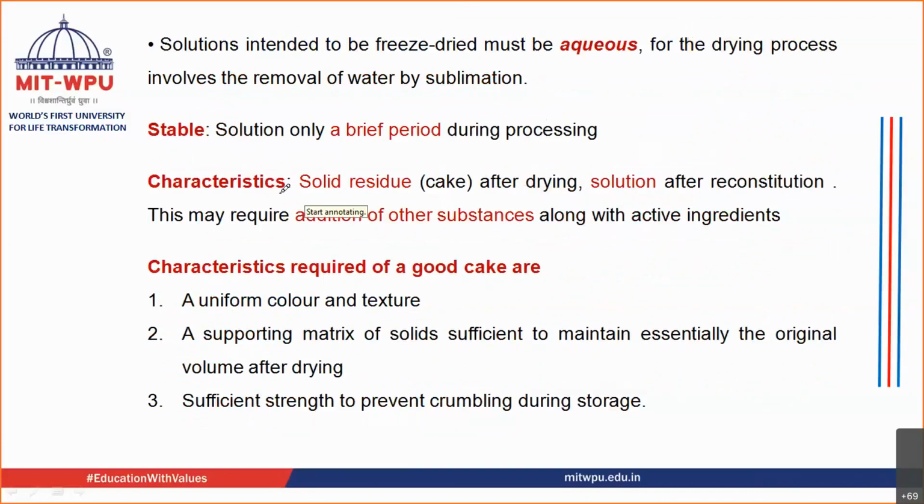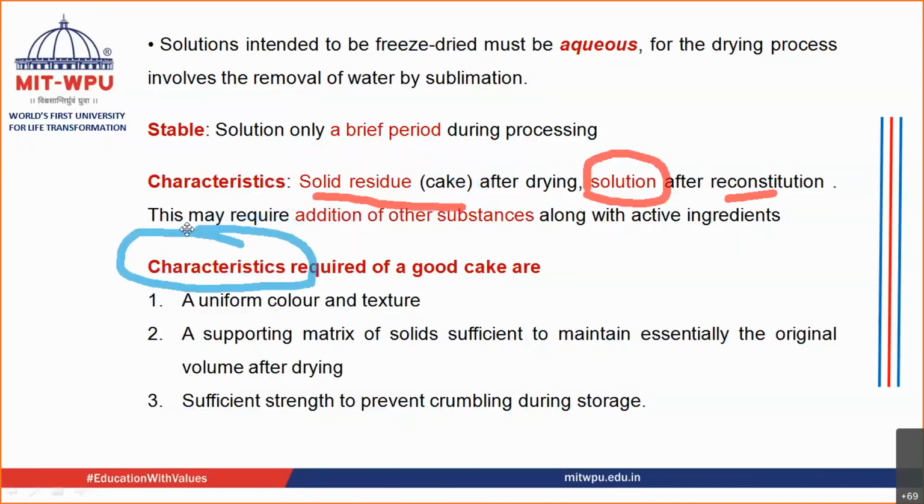Some of the characteristics that you require from your formulation is the form the solid is taking. You want the formulation to be in the form of a solid residue when it has been packed, and you want it in the form of a solution when it is reconstituted. Also, when a cake form, a solid residue form, is there, you require some specific characteristics of this solid residue. So what are the characteristics that are required of this cake?